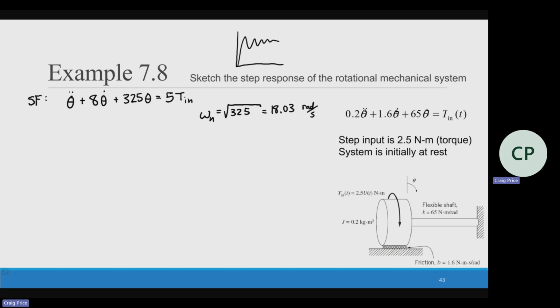Now, like we talked about, that's not necessarily the frequency we're going to see in our output. That's just the natural frequency if we had no damping. And now we can put that into the 8. So 8 is equal to 2 times zeta times the natural frequency, which is 18.03 radians per second. And so that can give us our zeta. And that should be pretty small.